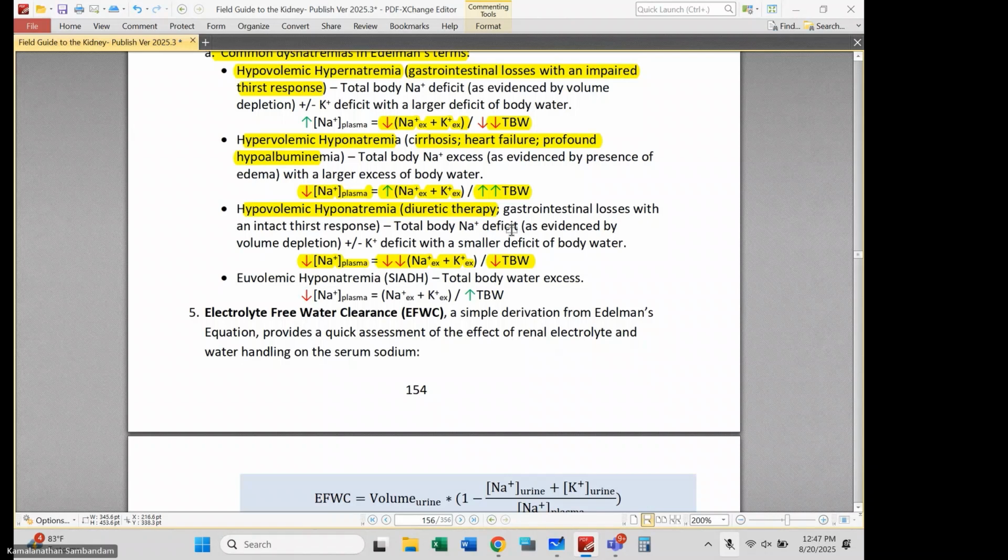Because this is a net that's important. So if I have enhanced water loss in my urine, but I also got more thirsty, the net effect can be my sodium is falling on a loop diuretic, okay? So diuretic therapy can make me lose salt faster than water. GI losses too, when I respond to that GI loss with thirst, right?